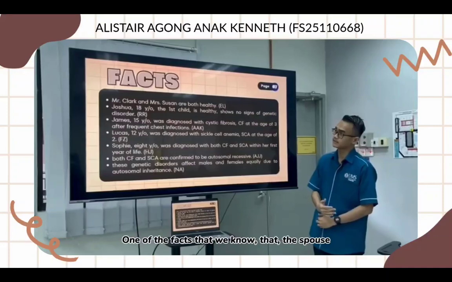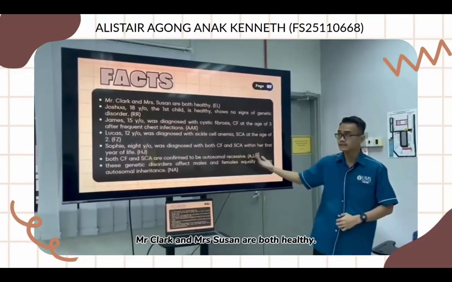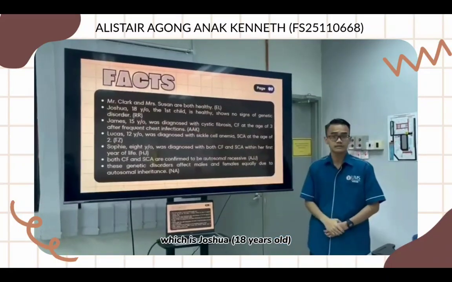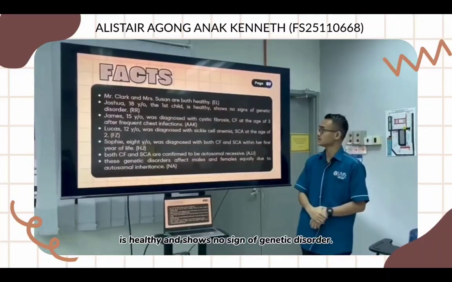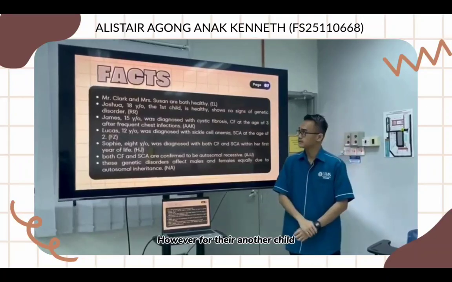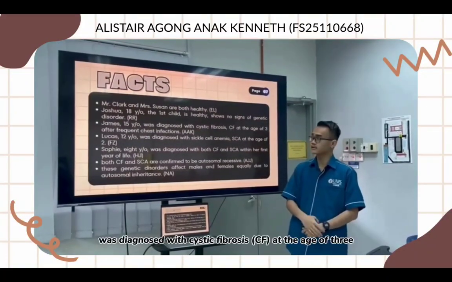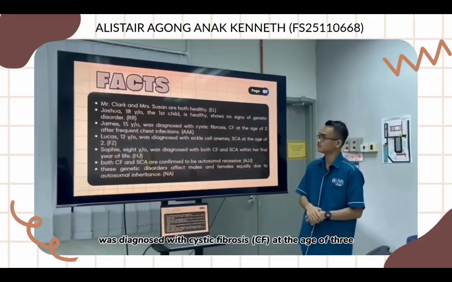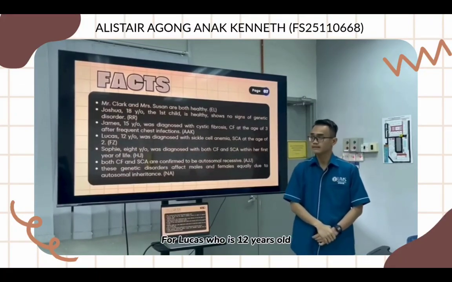One of the facts that we know is that the spouses, Mr. Clark and Mrs. Susan, are both healthy. Their first child, Joshua Clark, who is 18 years old, is healthy and shows no sign of genetic disorder. However, another child, James, who is 15 years old, was diagnosed with cystic fibrosis, or CF, at the age of 3 after frequent chest infections.